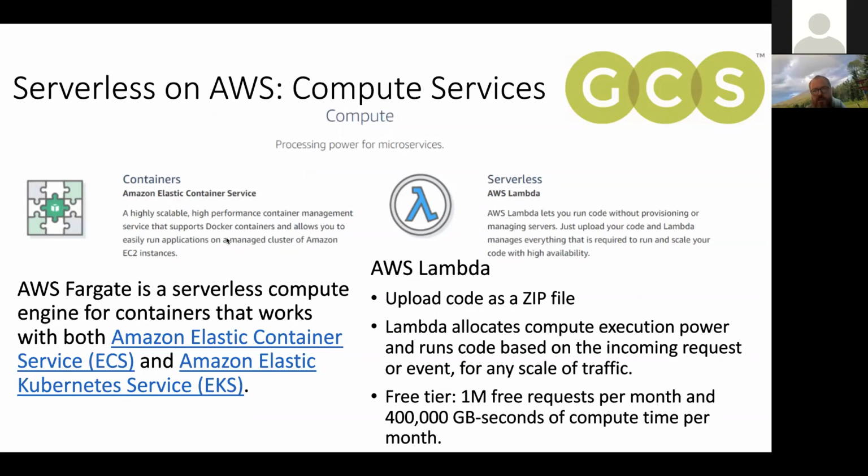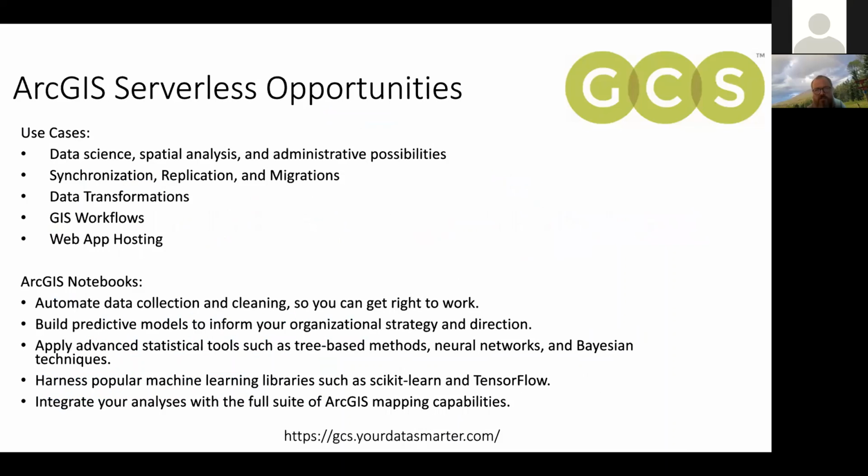But I'm going to focus on AWS Lambda. We've used that quite a bit. Google has one called Google Functions. Azure has similar. Whatever cloud vendor you have really has this kind of offering of a serverless function.